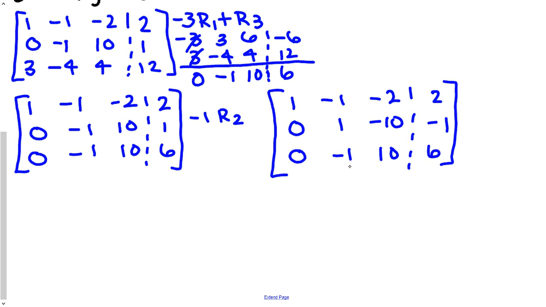Now I want this negative 1 to be 0. Easy. If I add these two together, they will cancel out. I don't even have to multiply by anything. So I'm going to add row 2 with row 3, not 3 times row 3, but with row 3. So that's 0, 1, negative 10, negative 1, and row 3 right below it.